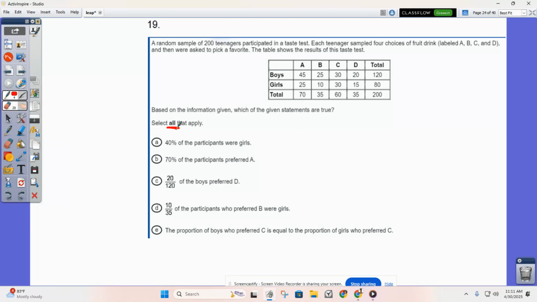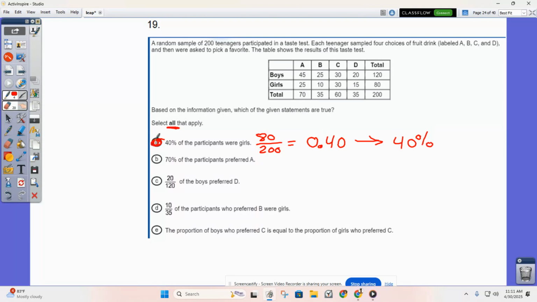The first one says 40% of the participants were girls. So I want to see how many total girls there are, 80, out of how many total participants, 200. I can use my calculator and divide that. 80 divided by 200 gives me 0.40. As a percentage, I'd move that decimal point over. That is, in fact, 40%.